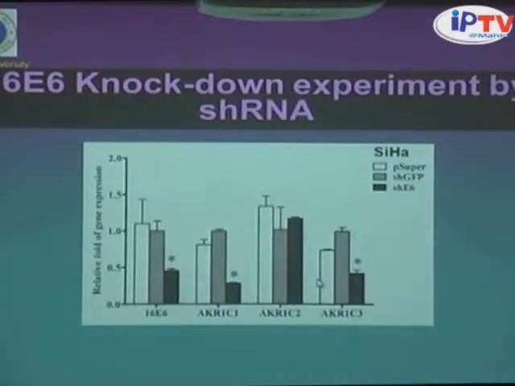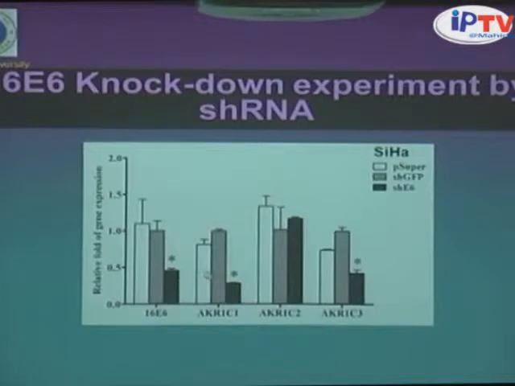To confirm that the increase of this enzyme is really due to the virus protein, we then did a knockdown experiment using E6 shRNA. When we check the level of the E6 protein after transfection with the siRNA or shRNA specific for E6, the E6 expression drops by half.